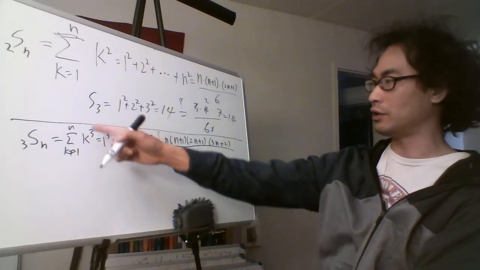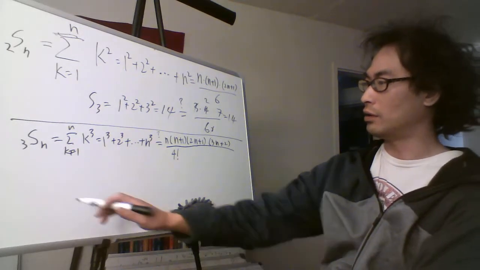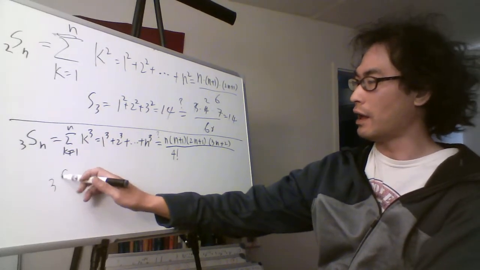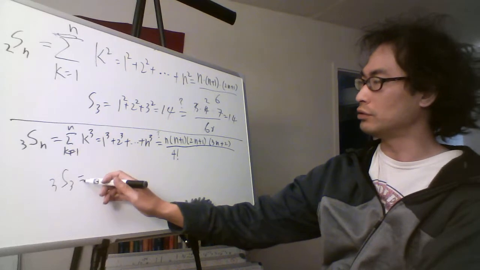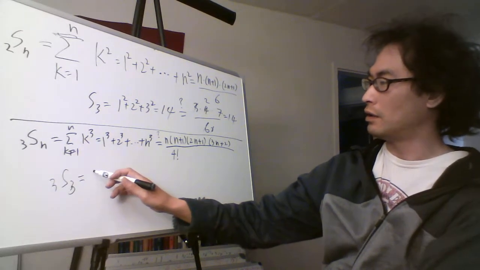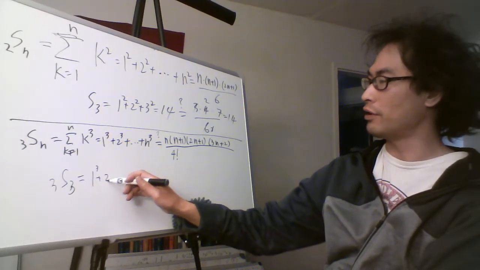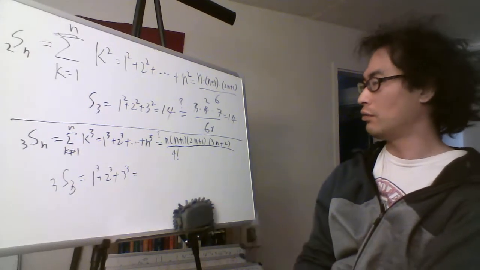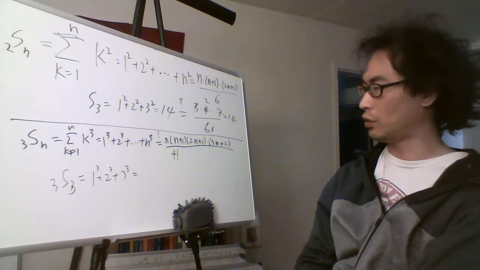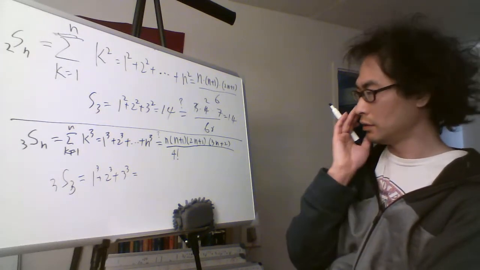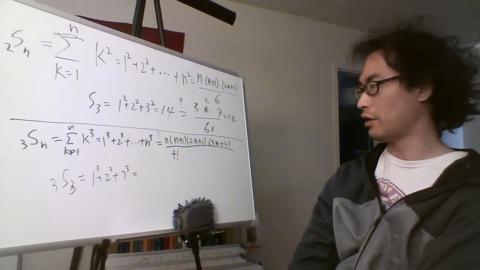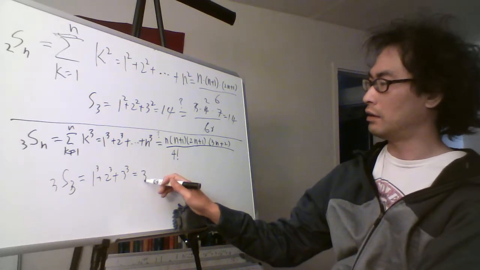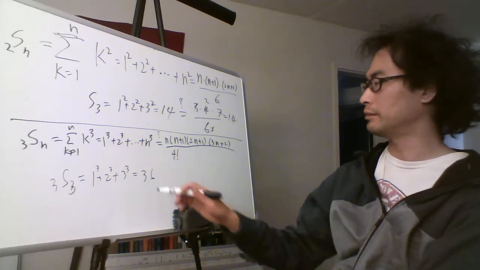We'll do n is equal to 3. So S3 is equal to 1 to the third plus 2 to the third plus 3 to the third, which is 27 plus 8 plus 1, 36.